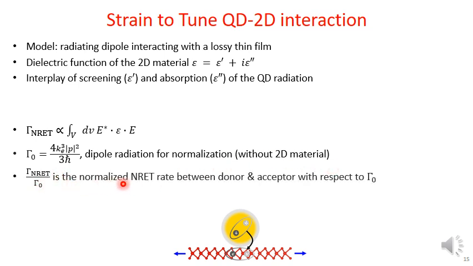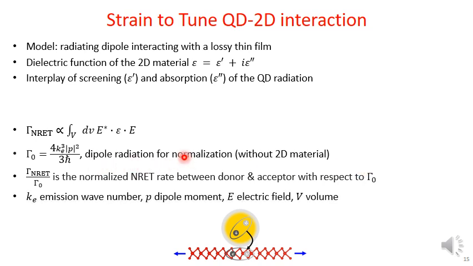So this is the normalized NRET rate between the donor, which is the quantum dot, and the acceptor, with respect to the dipole radiation into vacuum. Here k_e is the emission wave number, P is the dipole moment, E is the electric field, and V is the volume, as I mentioned.